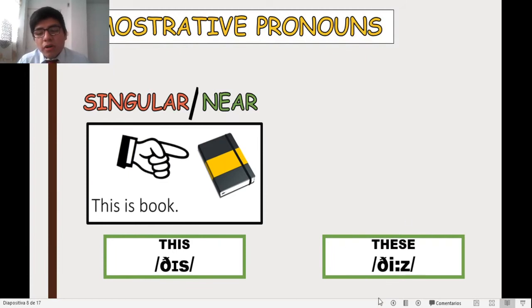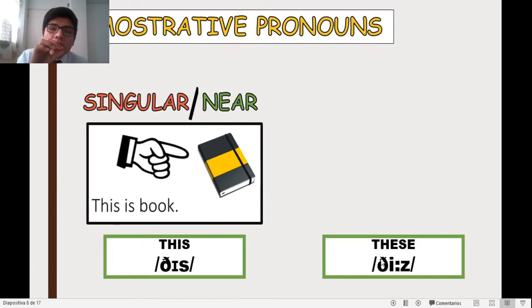This word you pronounce these. It's a long E sound. These.